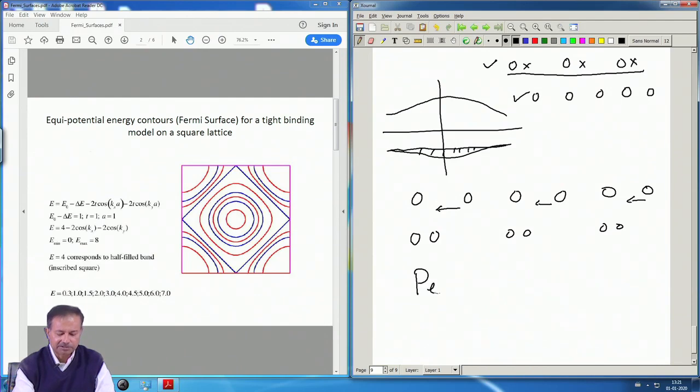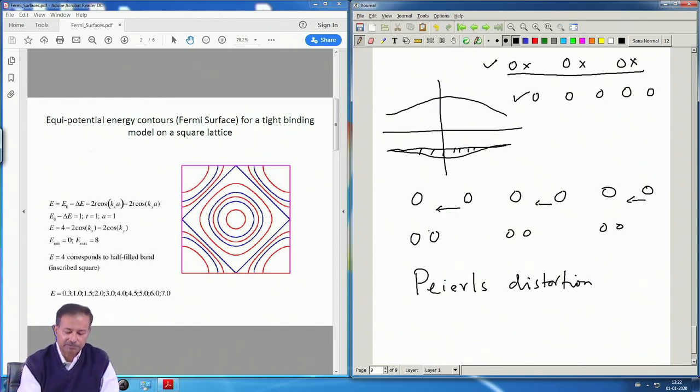It is called Peierls distortion, where it is shown that in one dimension it is hard to form a regular crystalline lattice. It is prone to dimerization. This kind of one atom shifting closer to another atom alternately is called dimerization.